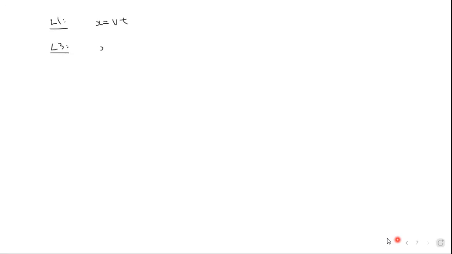Notice that the x coordinates are the same, but they've got a different v. And the y for leak 1 is 3d minus a half gt squared, and for the third one is d minus a half gt squared. And we have the expression v squared equals kh.